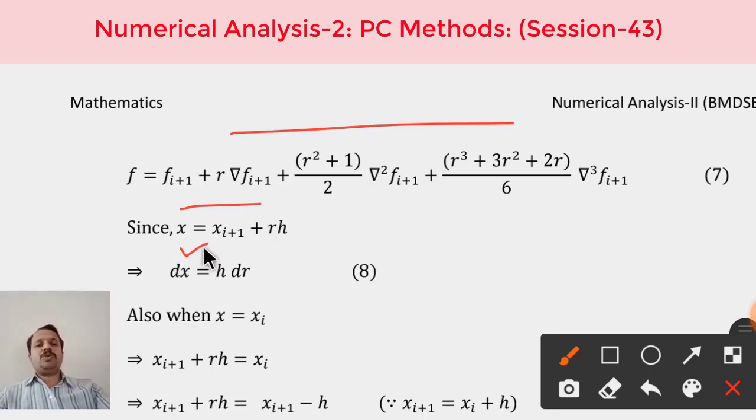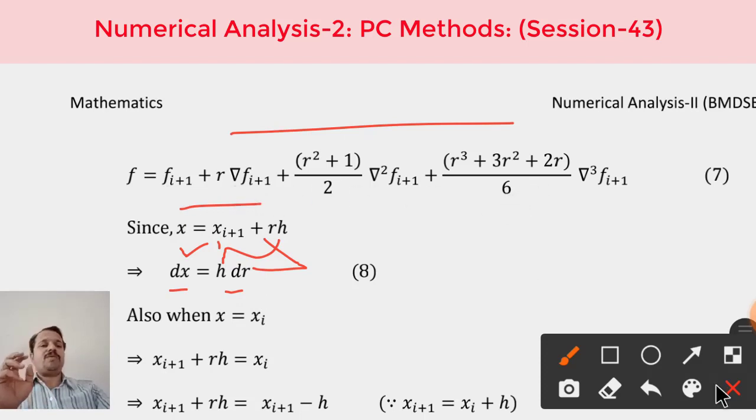So dx is equal to, this is going to be 0 after differentiation. h is a constant as it is, differentiation of r is dr. So dx is nothing but h into dr, that we can substitute in equation number 2 in place of dx. Now that integrand can be replaced by this entire expression.